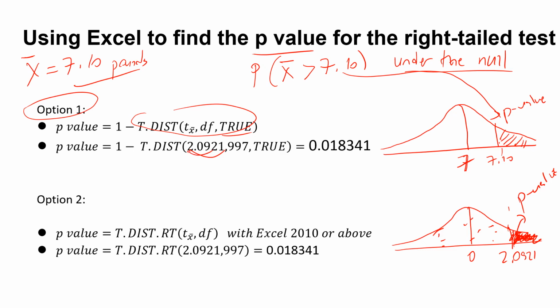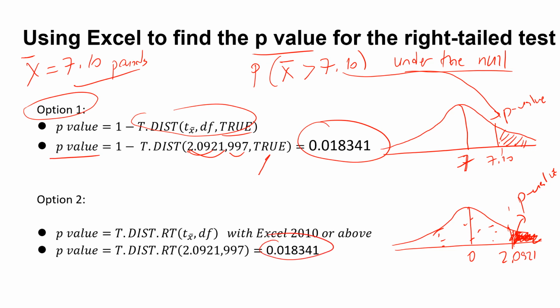Given that we have this test statistic and that many degrees of freedom, we get this as our p-value. In our Excel version, we have a specific function for the right-tailed test, T.DIST.RT, and in the parentheses, we just enter the test statistic and the degrees of freedom. We get the identical number.